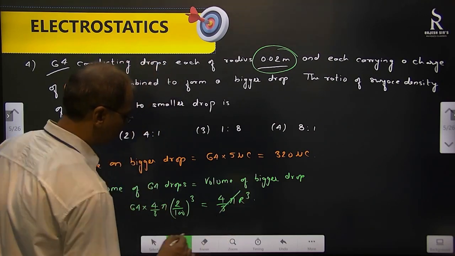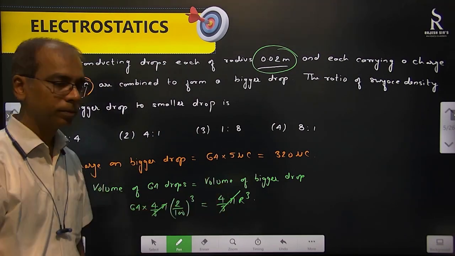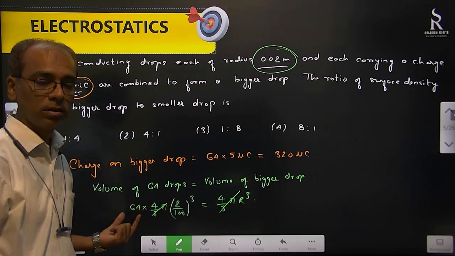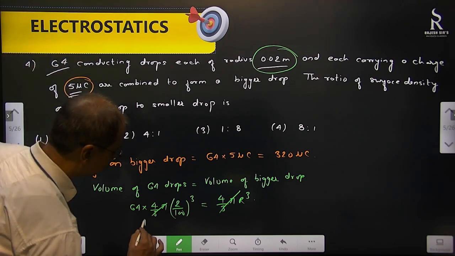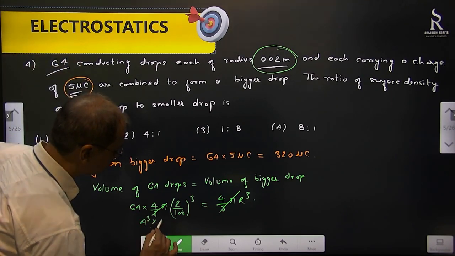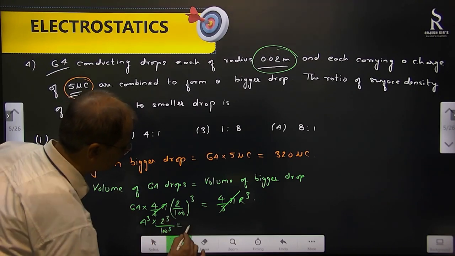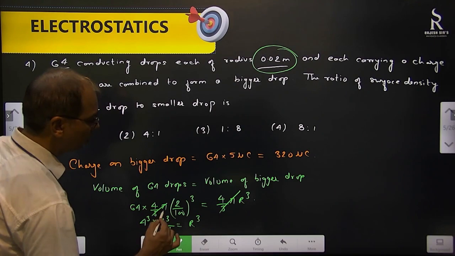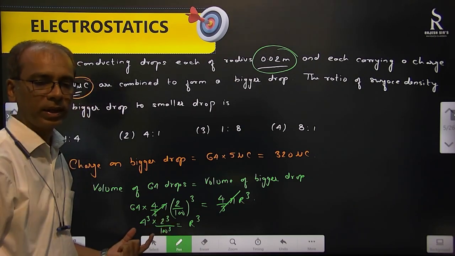Okay. So 4 by 3 pi, 4 by 3 pi cancelled. Now this is R cube, and this is 64. 64 means 4 cube. So 4 cube into 2 cube by 100 cube equal to R cube. Then R will be what? 4 into 2 by 100. Cube root you will take, not this side.